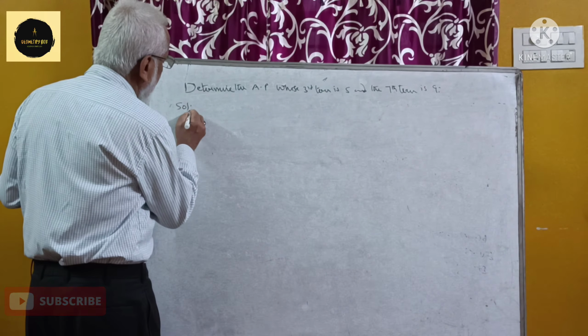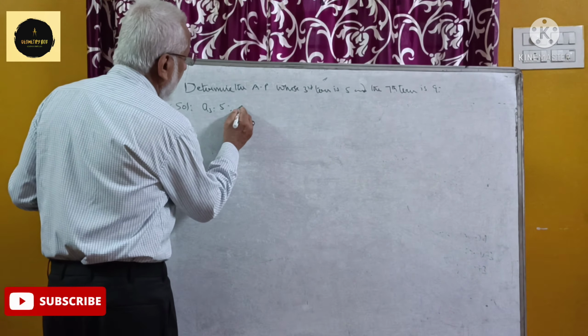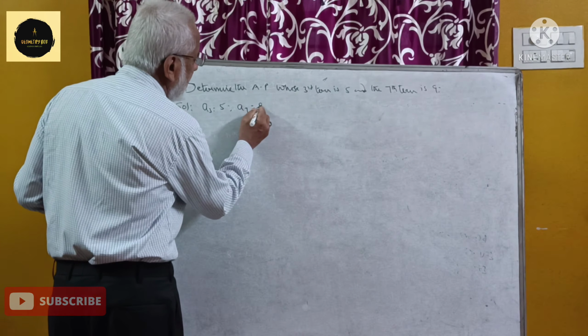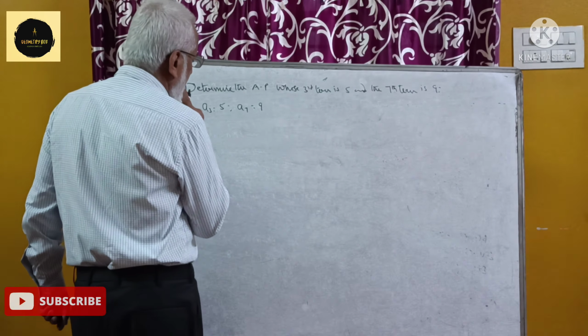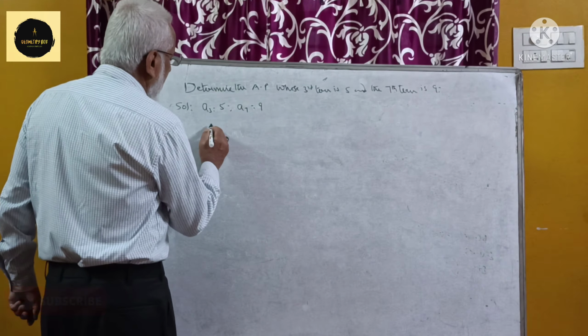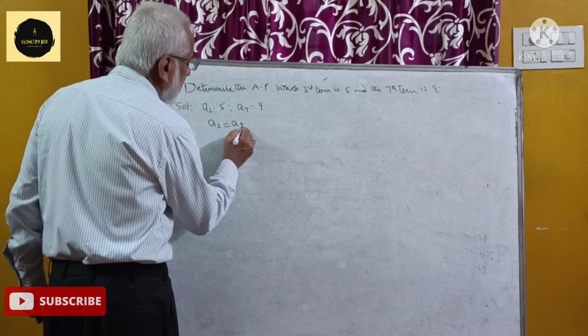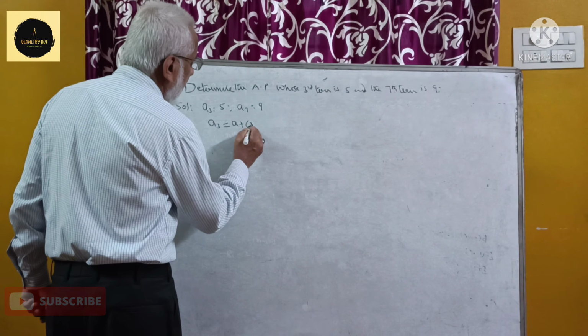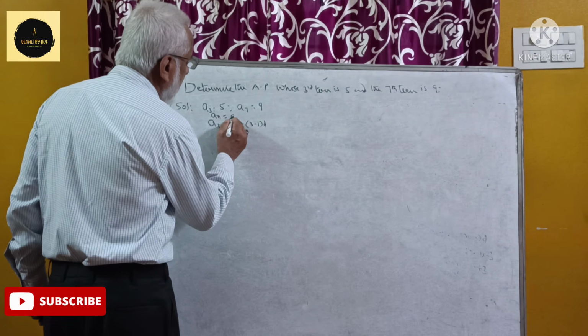A3 is equal to 5, and A7 is equal to 9. Suppose I write A3, it means a plus 3 minus 1 into d, because we know the formula an is equal to a plus n minus 1 into d.